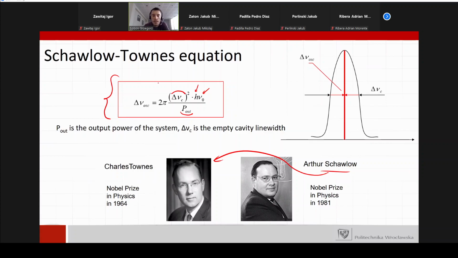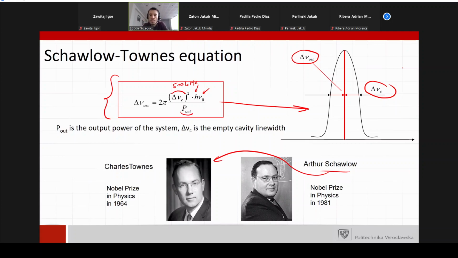So in general, it will happen that if we put like 500 kilohertz here, because this is the result of our empty cavity line width, in general, this number will be much smaller than 500 kilohertz, which means that when we turn on the laser, the line width, here marked as delta nu osc, will be much narrower than the line width of the resonator.